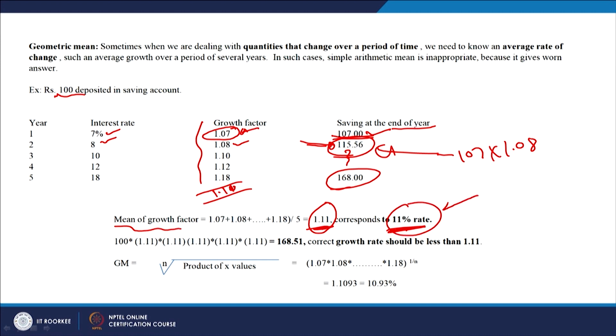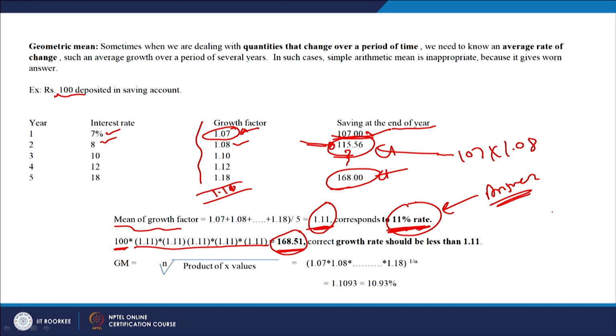Now, if you take this as the answer, for the time being your final answer, and your mean growth factor is 11%. Now, let us take 100 rupees initially, and your interest rate is 11%. So, you should get 168.51 rupees at the end of the 5th year, but here how much are we getting? 168.